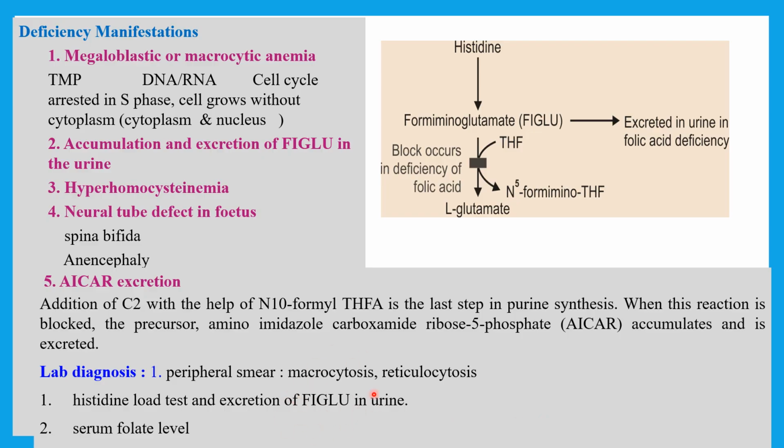So it starts coming in the urine. Histidine metabolism is affected in the deficiency. This is an indicator of folate deficiency. Then serum folate level estimation is another way to diagnose folic acid deficiency.